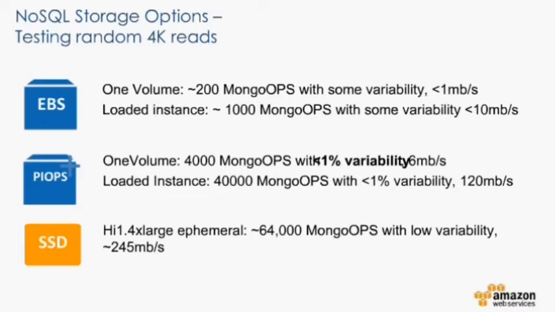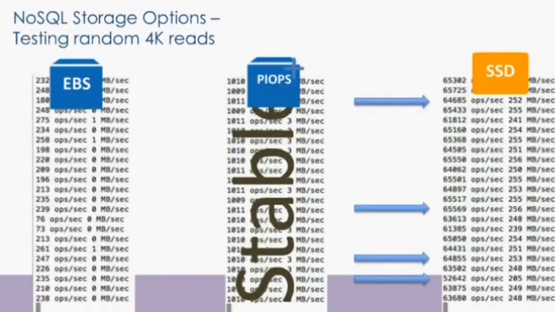One of the important measures to note is the difference between the very fastest systems on AWS, the SSD hosts like the hi1.4xlarge, and Provisioned IOPS, which was designed for extremely consistent performance. If you look at a single EBS volume, you can see pretty significant variability in the per second IOPS performance. On Provisioned IOPS, you're seeing less than 1% variability.